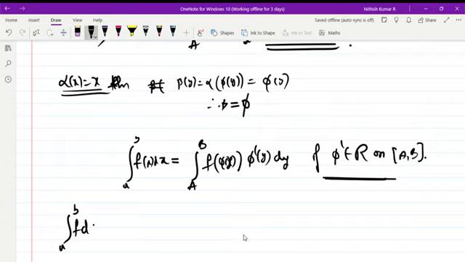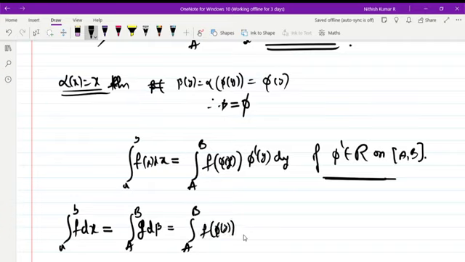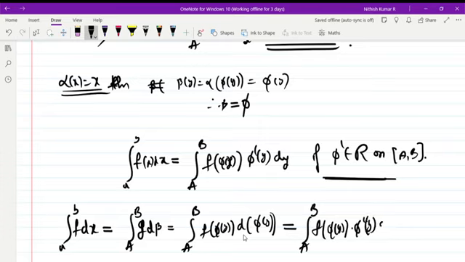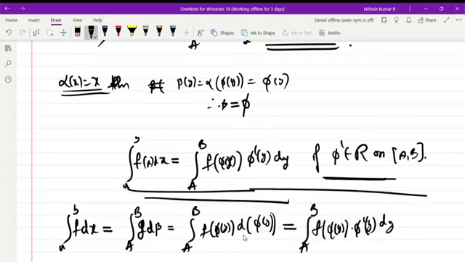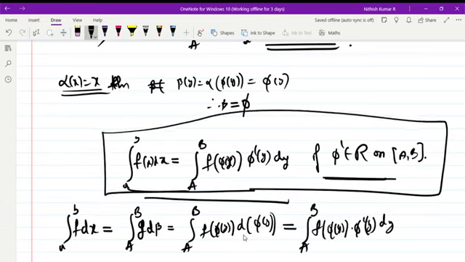Moreover the integral from a to b of f dx is equal to the integral from a to b of g d beta, which is f of phi of y into d of phi of y, and which is equal to the integral from a to b of f of phi of y into phi dash of y into dy. Hence this result.